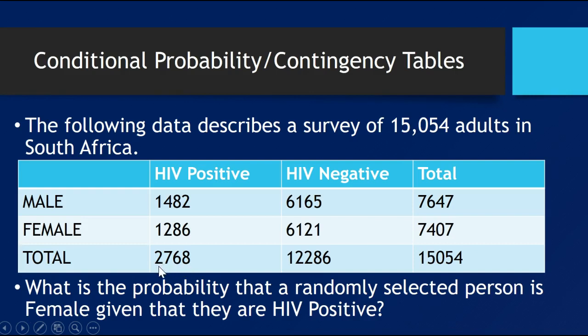And so I see that since I'm given HIV positive, I'm in this group of 2,768 people. And the females in that group comprise 1,286 members. So the probability that a randomly selected person is female, given that they have HIV positive, is going to be 1,286 divided by 2,768.